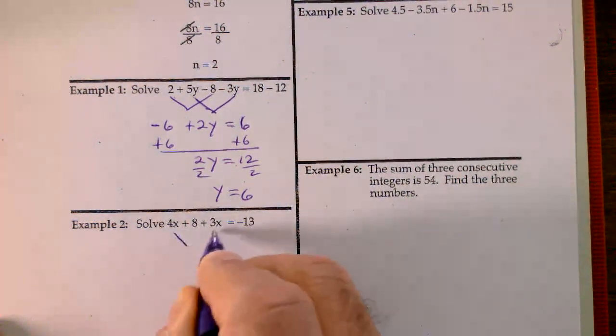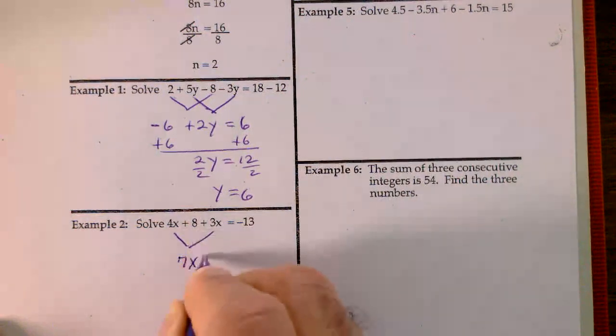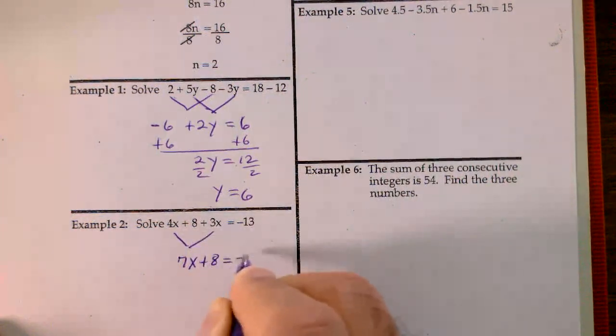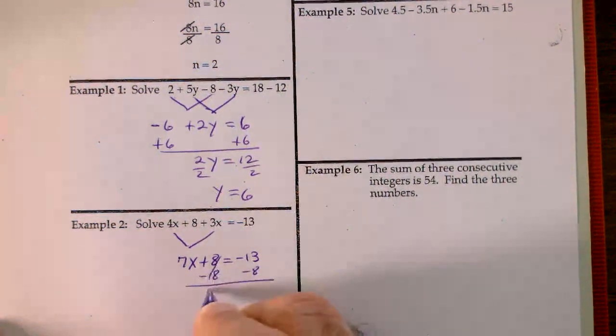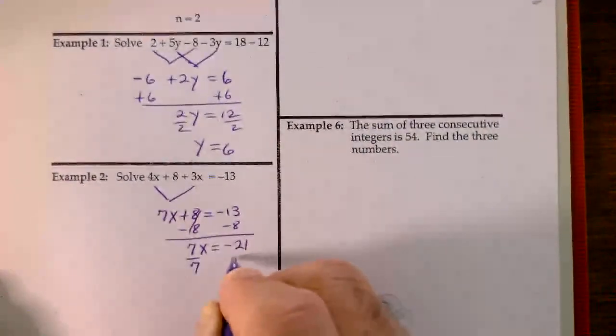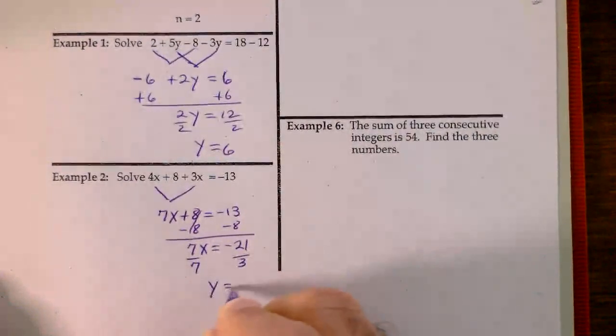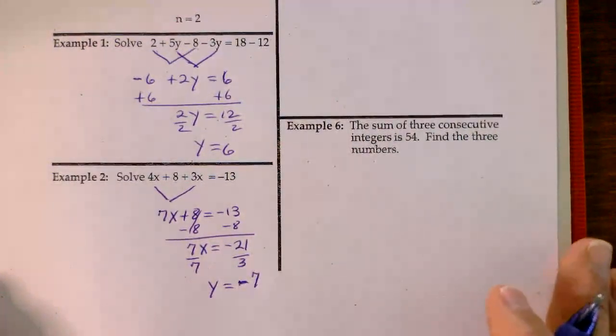Here I can see I can combine 4 plus 3 makes 7x plus 8 equals negative 13, and we just keep going. Subtract 8. And you get 7x equals negative 21. Do a final divide down there, and we get negative 7. And so we always do opposites when we are solving.